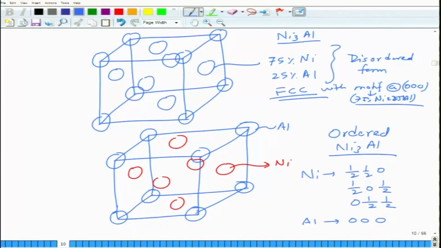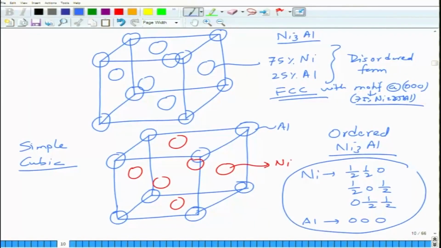In the ordered case, it is simple cubic with a 4 atom motif. And this Ni3Al is very useful because it is used in superalloys as a strengthener.